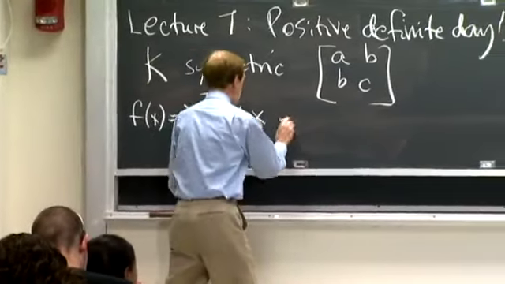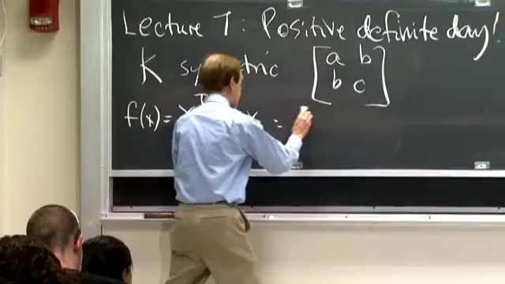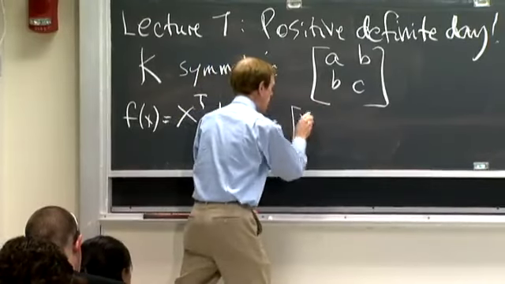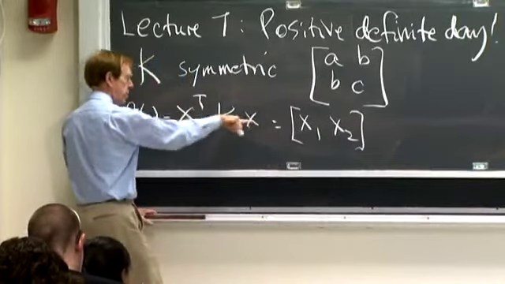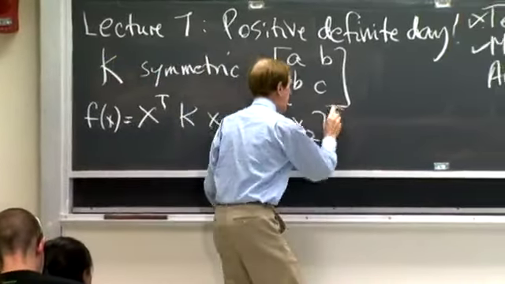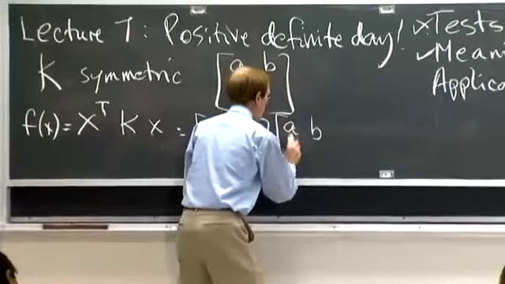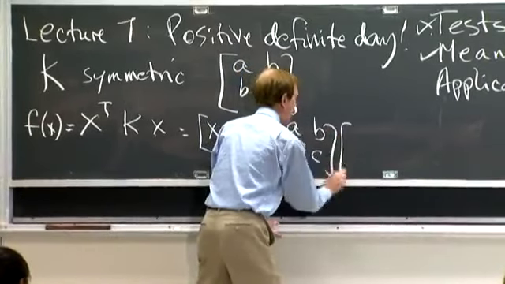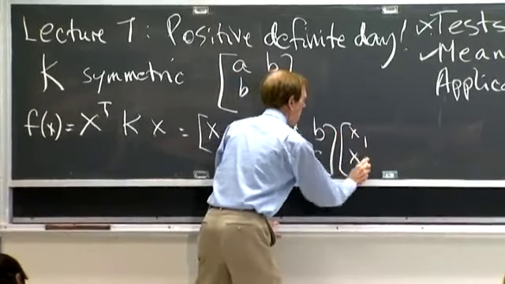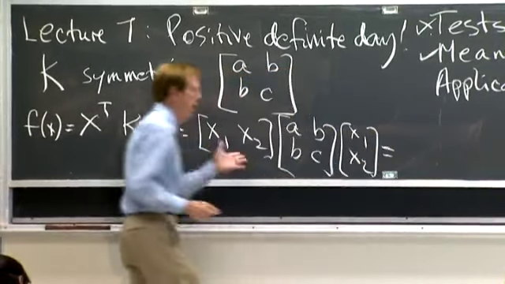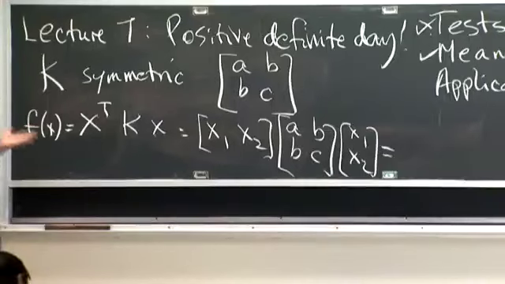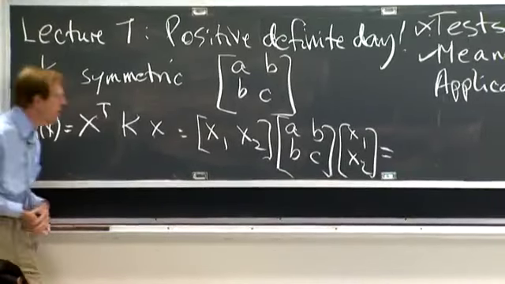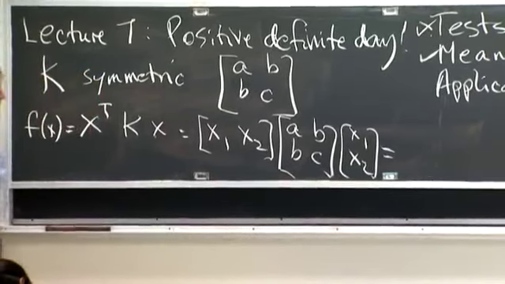And x is a general vector of the right size, so it's got components x1, x2, and there it's transposed, so it's a row. And now I put in the A, B, B, C, and then I put in x again. This is going to give me a very nice, simple, important expression depending on x1 and x2. Now, can we do that multiplication?